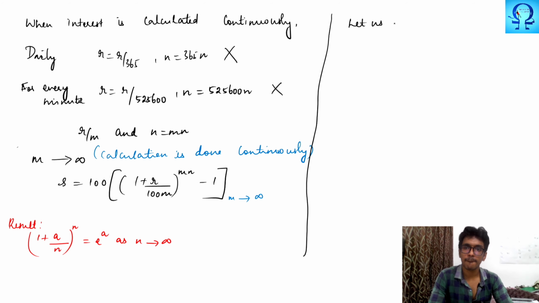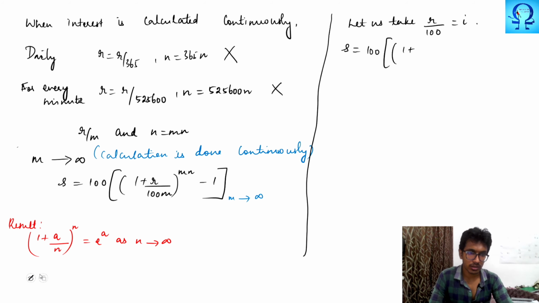Let us take r upon 100 as i. When we take r upon 100 as i, S becomes 100 times (1 plus i upon m) whole power m, and whole power n.